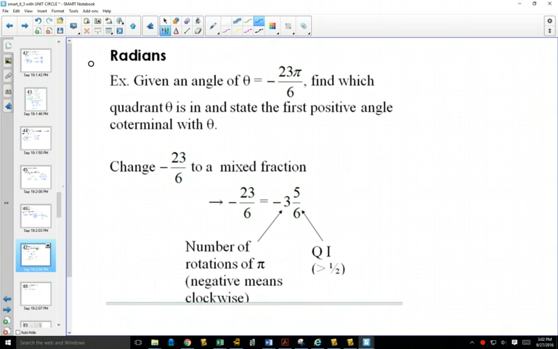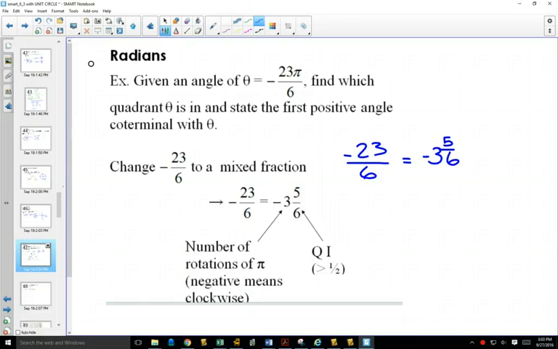As a strategy, we're going to change the negative 23 over 6 to a mixed fraction. How many full sixes are there in 23? There would be 3, because 3 times 6 is 18. There's 5 left to make 23. So negative 23 over 6 is equal to negative 3 and 5/6.